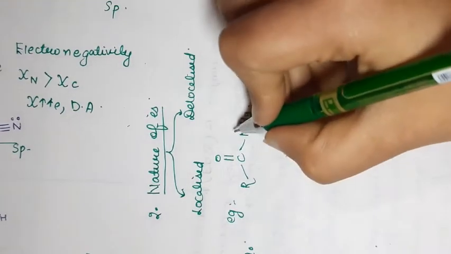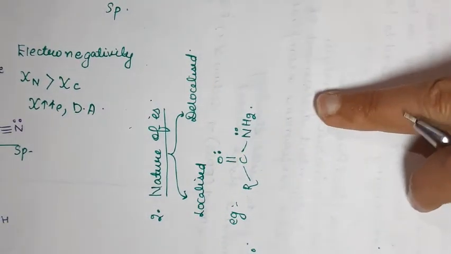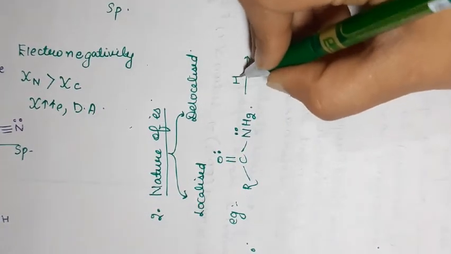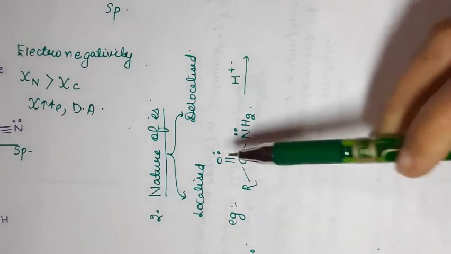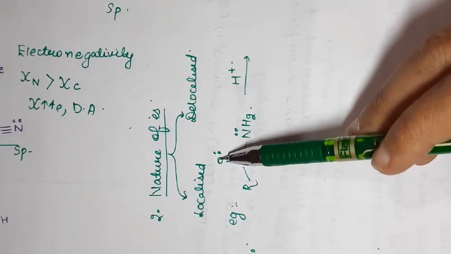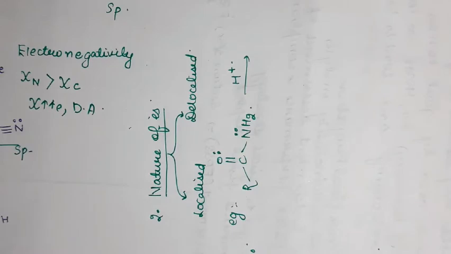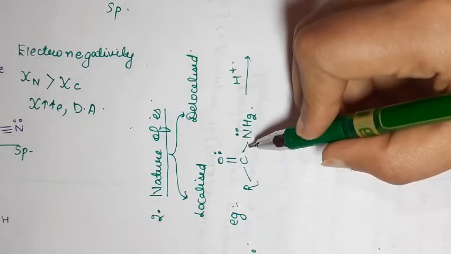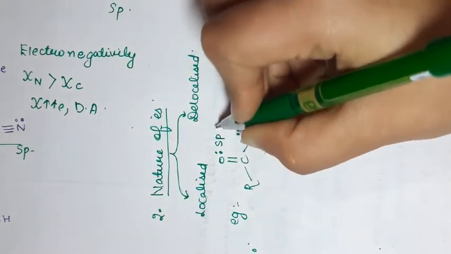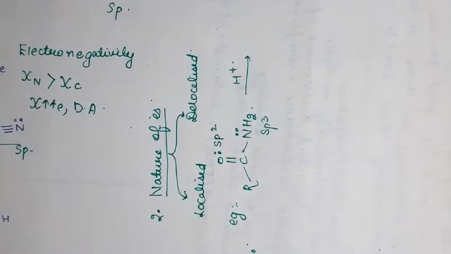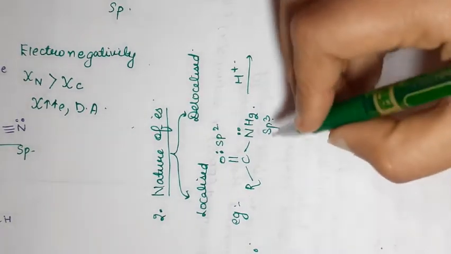Now suppose we have to protonate this compound. Now the question arises, which lone pair will be protonated, either this oxygen lone pair or this nitrogen lone pair. Now if we apply the concept of hybridization, we will see that nitrogen is sp3 hybridized and oxygen is sp2 hybridized. So as per hybridization concept, we will say that this nitrogen should be protonated.